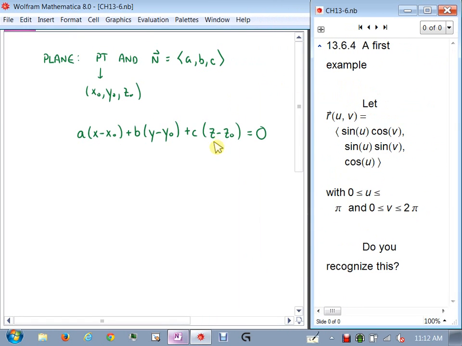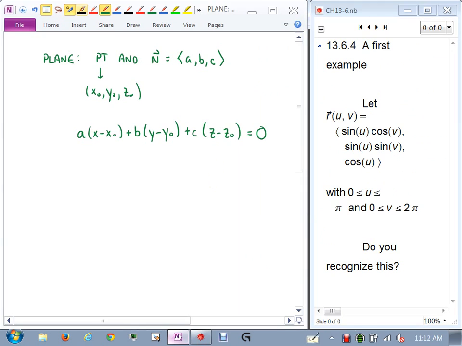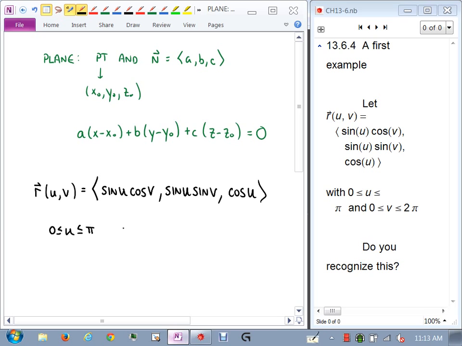So I'm going to write that down over here now. My surface is generated by this, where u is between 0 and pi, and v is between 0 and 2 pi.